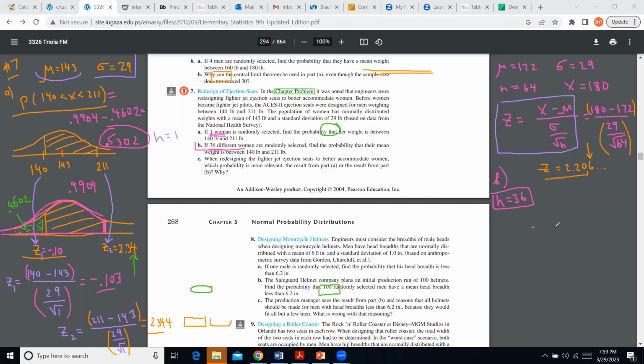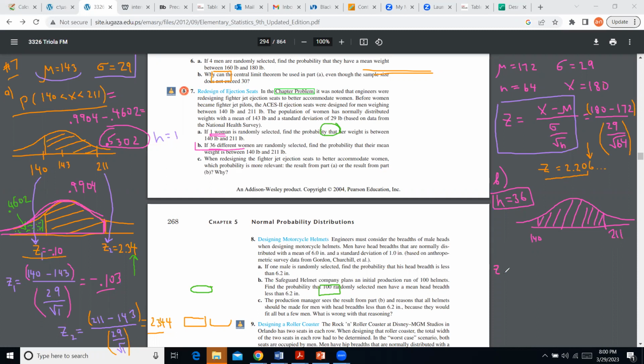So I'm still trying to find the area that deals with those 2 particular values, 140 and 211. So that's the same exact picture. So I need to find the area in between, but corresponding z-scores are not going to be the same, right?